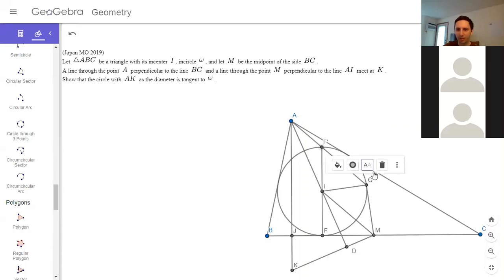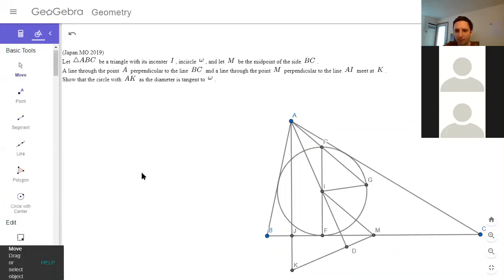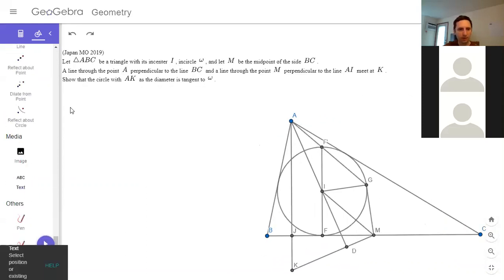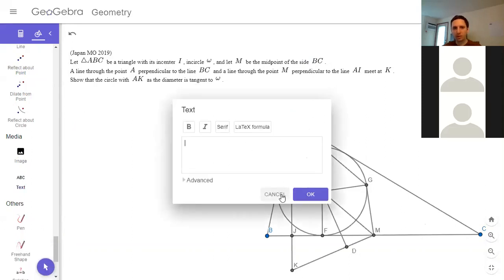Okay, so yeah, for the radical axis theorem, we needed it. So let FI meet omega at F prime.